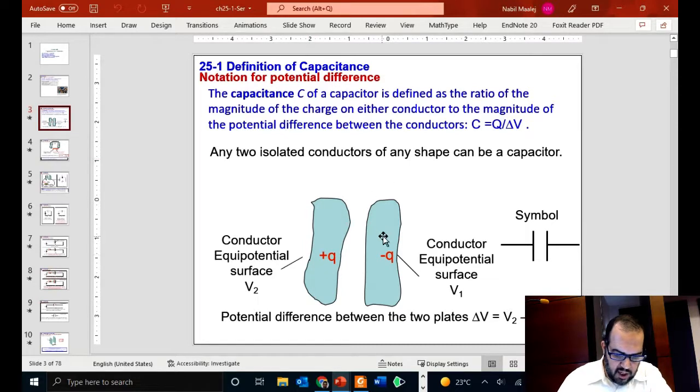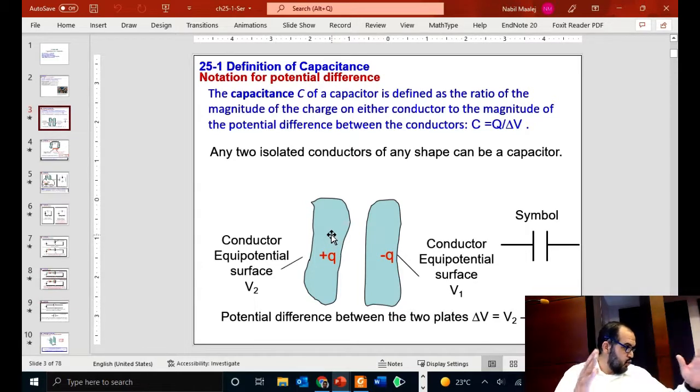If we have any two conductors that are charged, one with plus Q and the other with minus Q, and they are separated, not touching, with an insulator between them, either air or a dielectric material, then we can write that capacitance C is equal to Q divided by delta V, the charge on the capacitor divided by the potential difference.